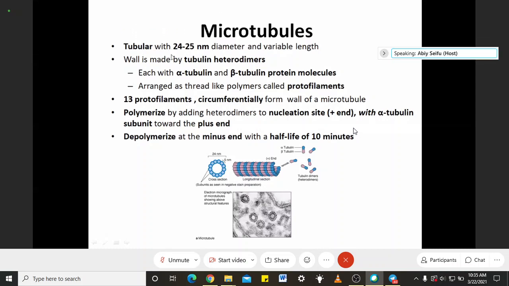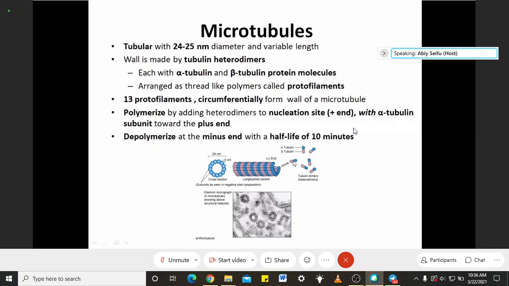The diameter is specifically limited to this size because of their makeup, because they are polymerized from smaller molecules, which are named tubulin heterodimers with two subunits.